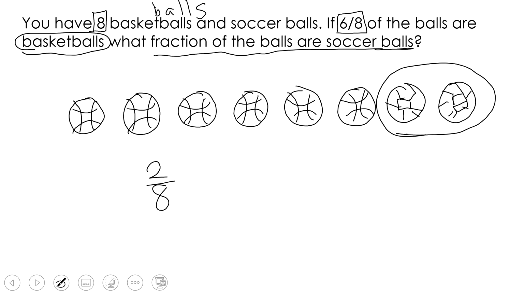You don't want 2 6ths because there aren't 6 balls. There's 8 of them. The whole is 8. And each ball is a piece. So 2 8ths of the balls are soccer balls.